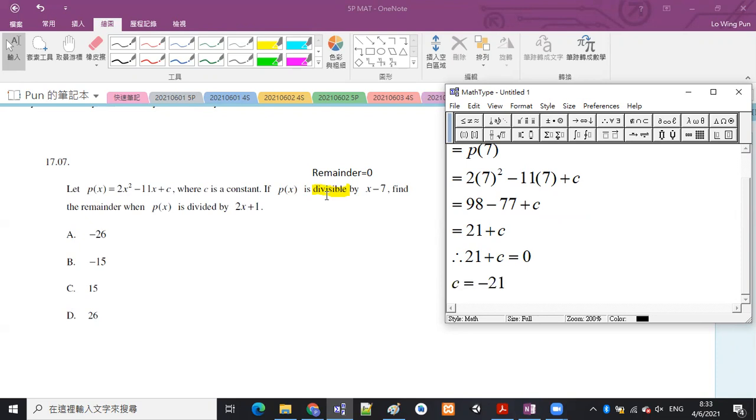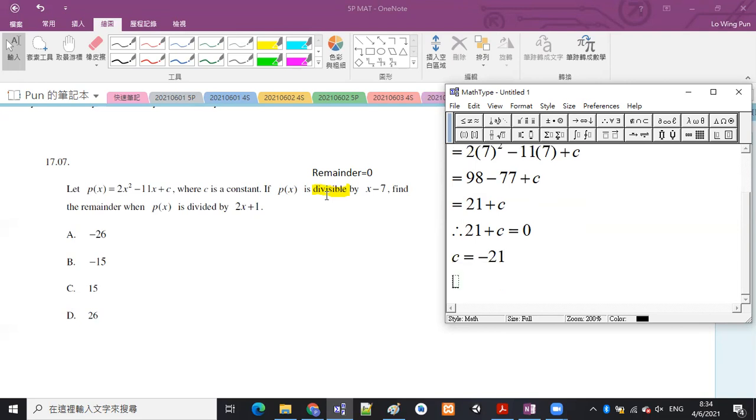But this is not what the question is asking you to find. The question is asking you to find the remainder when P(x) is divided by 2x plus 1. This time, we are going to consider the other division.